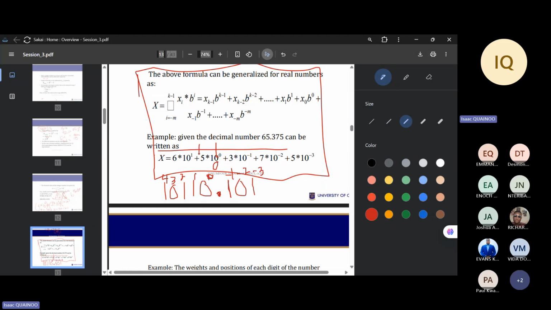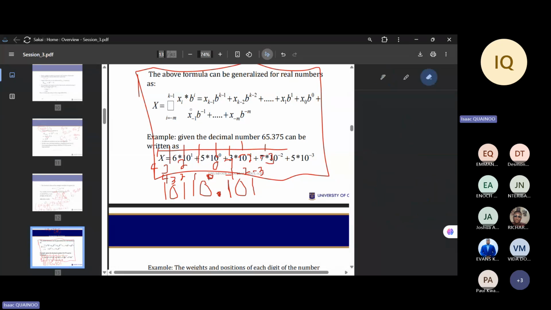And the next number there, the position is 1. The next number, we have 2. The next number, we have 3. The next number, we have 4. Anything else that goes to the right takes a negative position. And we have -3, etc.